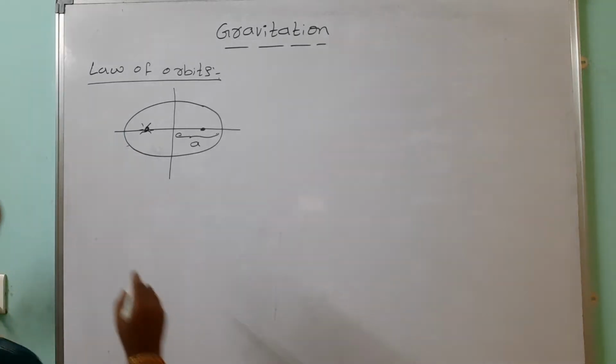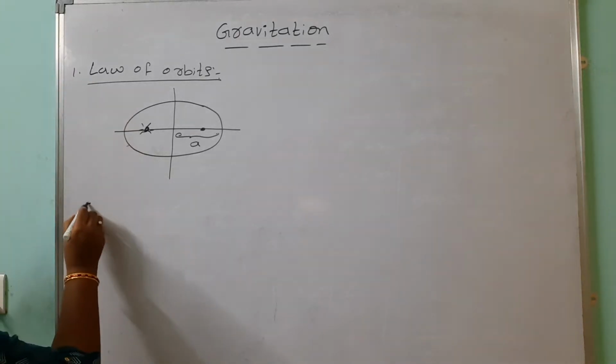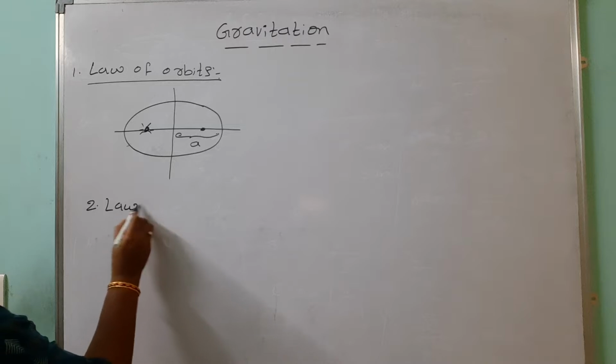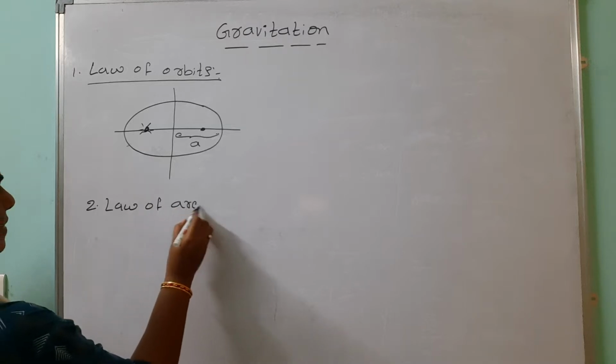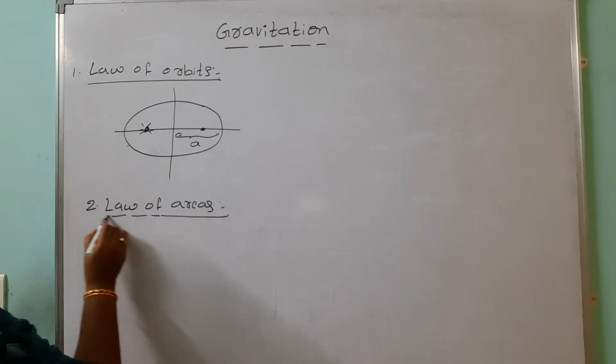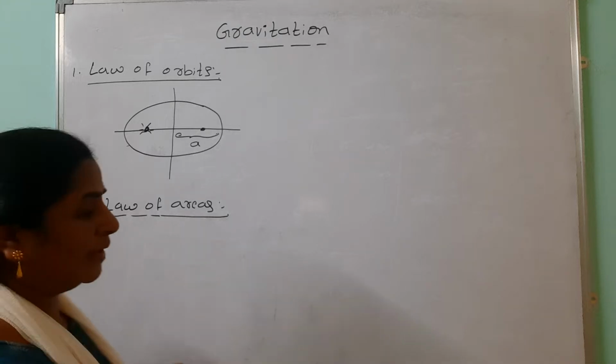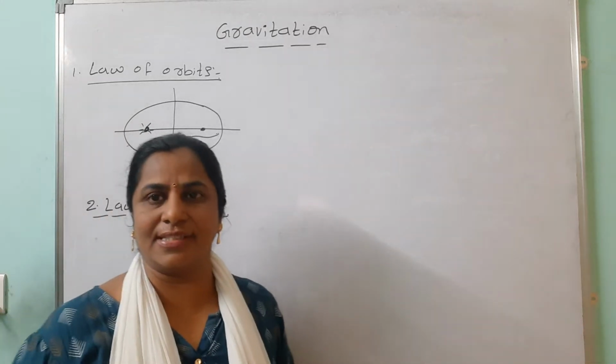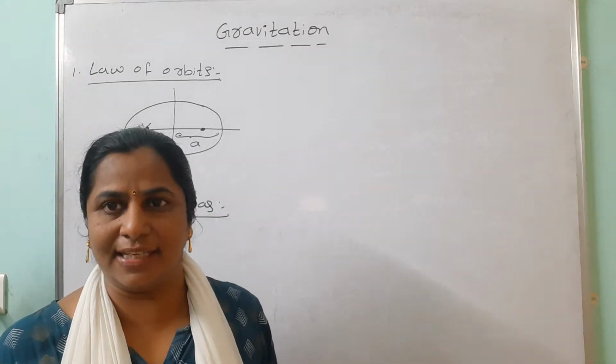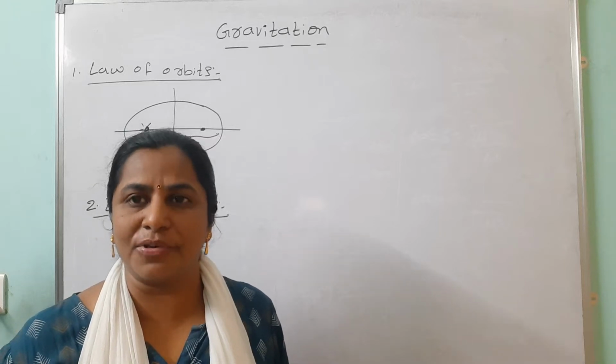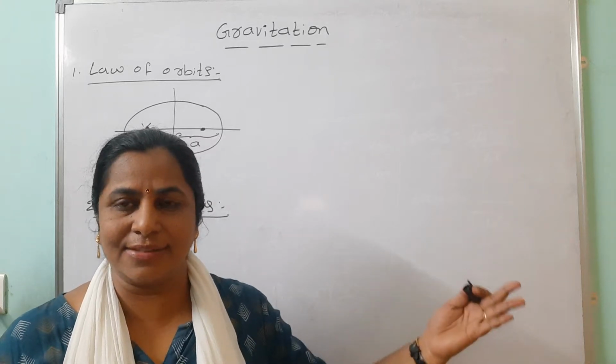Then the second one is the law of areas. The law of areas says that a planet covers equal areas in equal intervals of time. Planets are revolving around the sun, covering equal areas in equal intervals of time. Suppose 1000 meters square takes 1 hour.